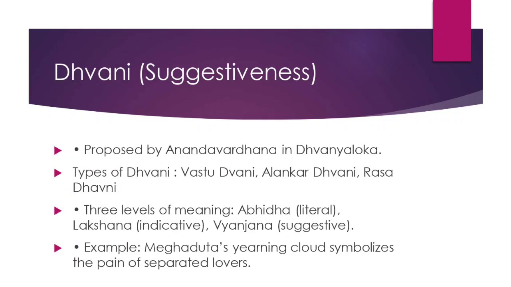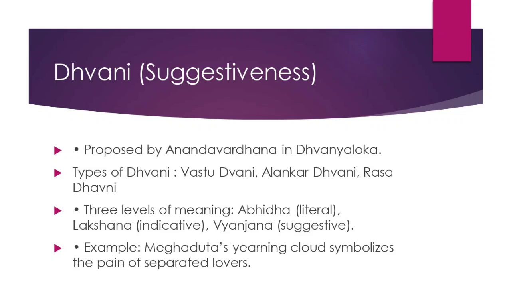Next, we have Dhvani. Dhvani was introduced by Anandavardhana in his seminal work Dhvanyaloka, which was published in the 9th century. This work is one of the most important in Indian aesthetics. It refers to the suggestive power of language. Here the deeper implicit meaning of a word or phrase goes beyond its literal or figurative interpretation.